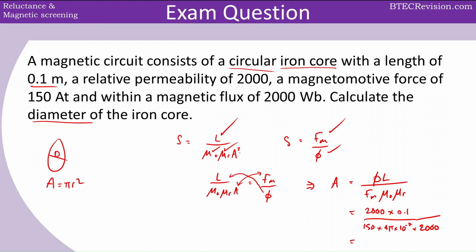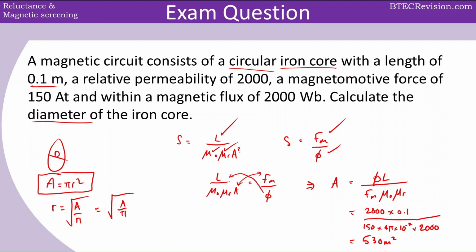And this gives us a value of 530 meters squared. Now, we know that the area of a circle is pi r squared, and we know the area is 530. We rearrange this for radius. So radius equals the square root of area divided by pi. So we can plug in the values. Divide 530 by pi, which gives us 168.87.